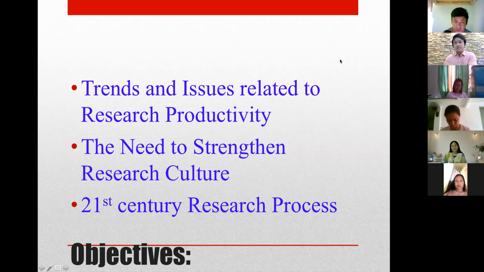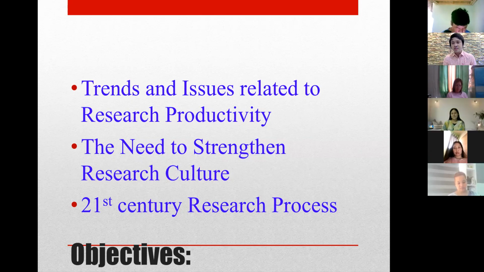I'm going to provide you the framework or the theoretical underpinning, or the legal or statutory requirement why research culture has to be strengthened in our own department. So lahat ng nasa EDD, kayo po in the future, mga 1 to 2 years from now, ay magiging doktor. Hindi medical doctor. Doctor ng education. Sir, ang medical doctor ay nanggagamot ng pasyente.